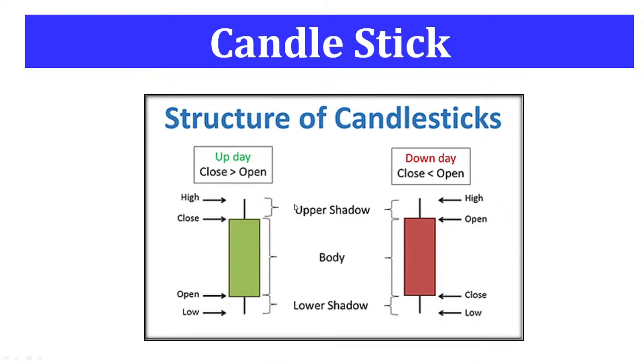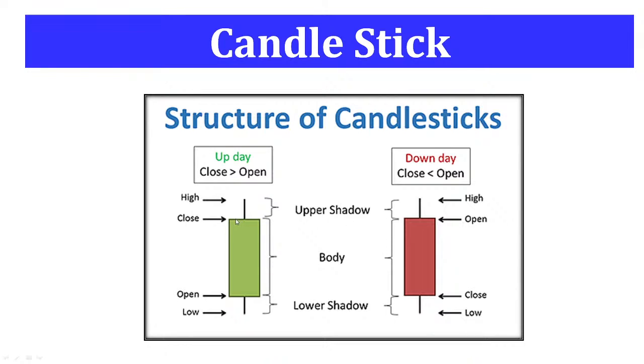What are the shadows? Shadows are the vertical lines which appear at the top and at the bottom of the candle. The vertical line which you see at the bottom of the candle is called the lower shadow. The vertical line which you see at the top of the candle is called the upper shadow.